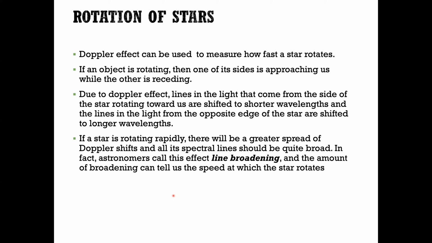Now, if a star is rotating rapidly, the spread of this Doppler shift will be quite broad, and you can see that the broadness of the spectral lines will give you an idea about the speed of the rotation, right? So that's how these two are connected, and this particular effect is called line broadening.